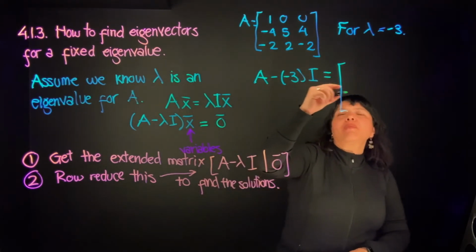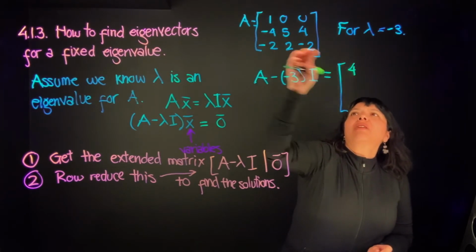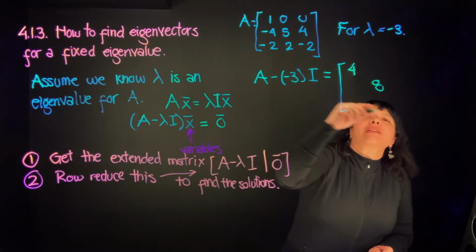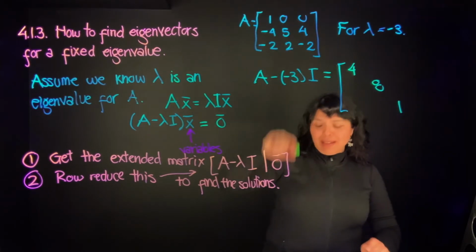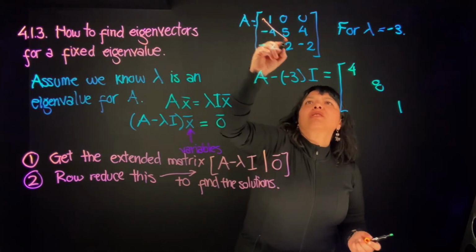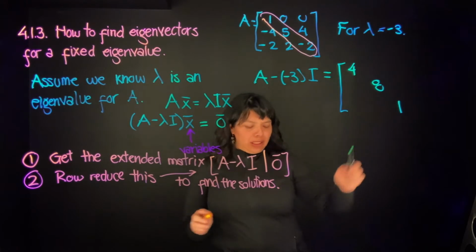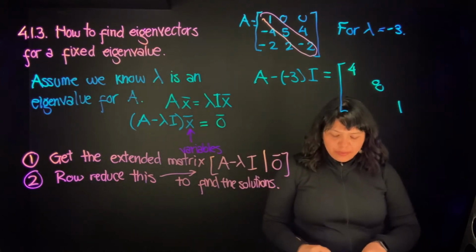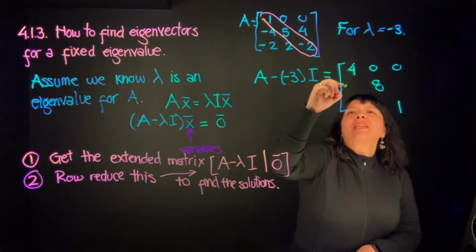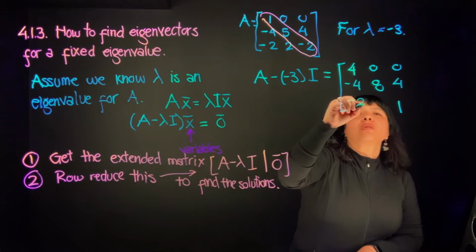So that will give me 1 plus 3, that gives me 4, 5 plus 3 gives me 8, and minus 2 plus 3 gives me 1. And then everything else in my matrix is going to be as before. So let me just point it out here. That's the only change. And everything else is the same. So 0, 0, negative 4, 4, negative 2, and 2.